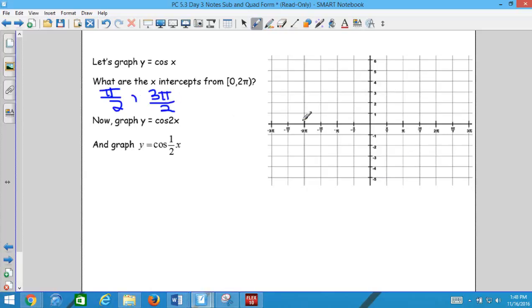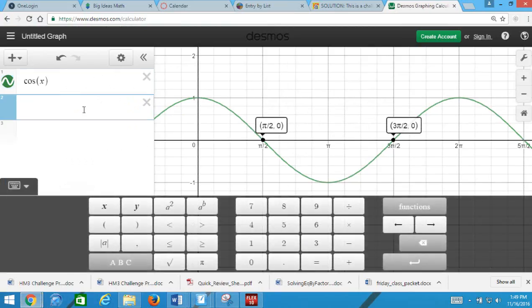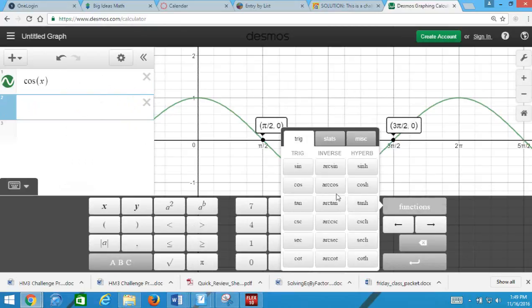If you want to graph it, you can, but we're now going to look at the graph, and I'm going to do it as a second graph of cosine 2x. We have done this stuff before. It should be somewhat familiar. Cosine 2x.